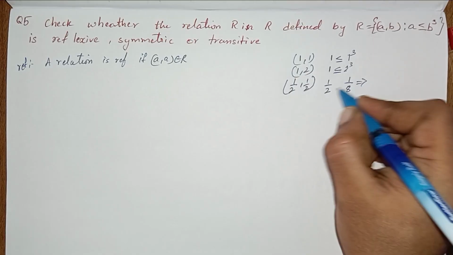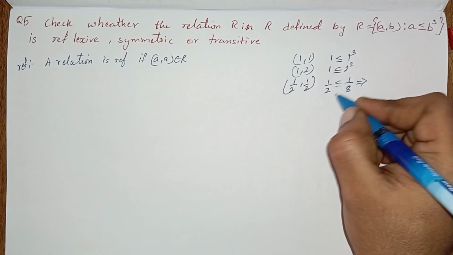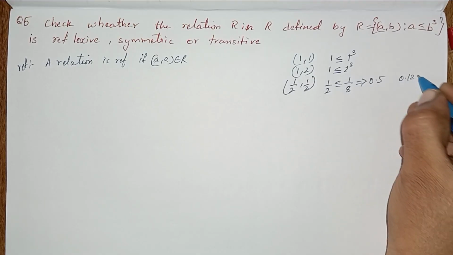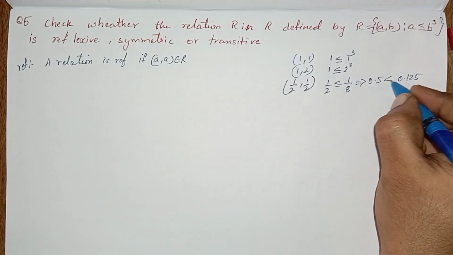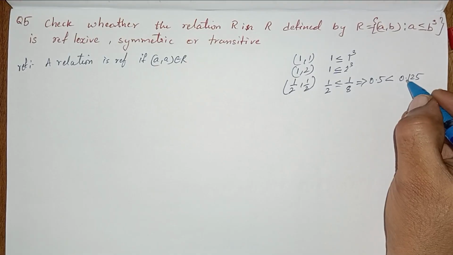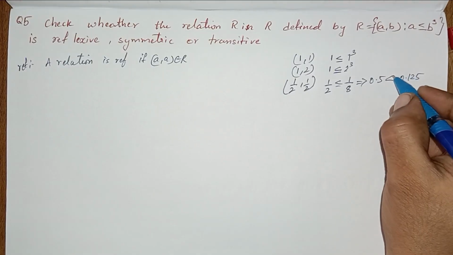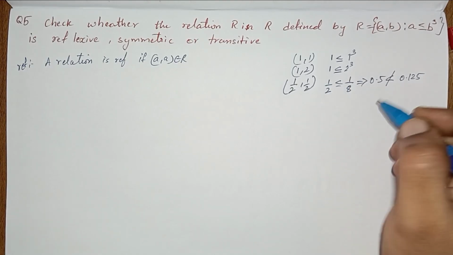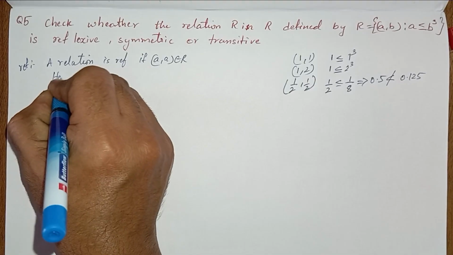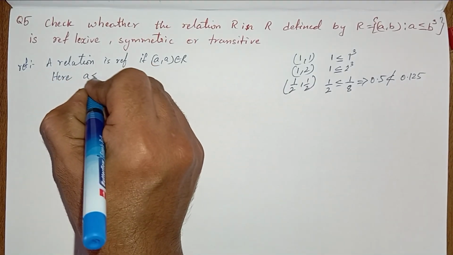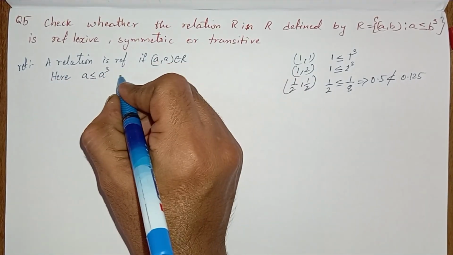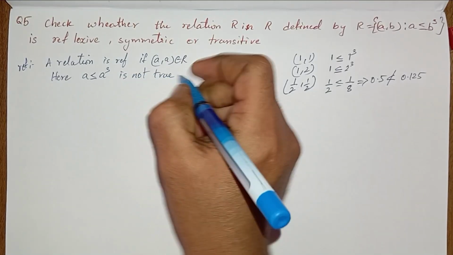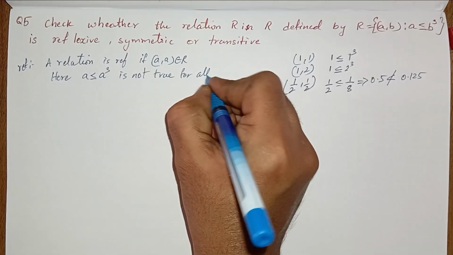We know that 1 by 2 is 0.5 and 1 by 8 is 0.125. So 0.5 is greater than 0.125. Here 0.5 should be less than or equal to 0.125, but it is greater. So hence A is less than or equal to A cube is not true for all the values of A.